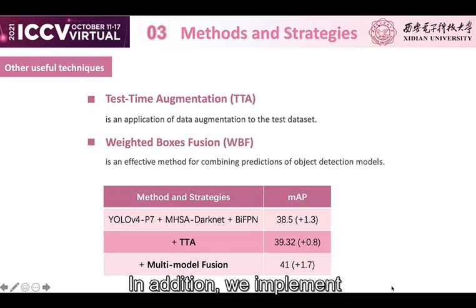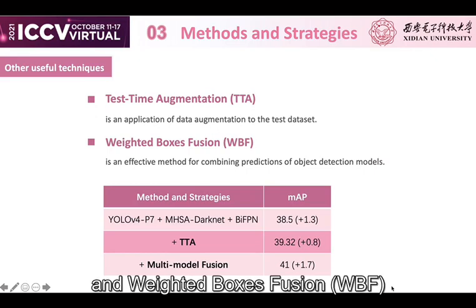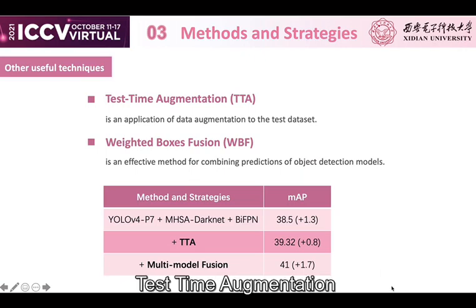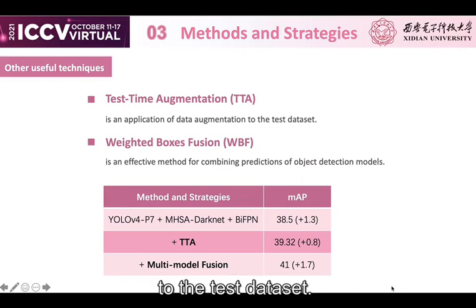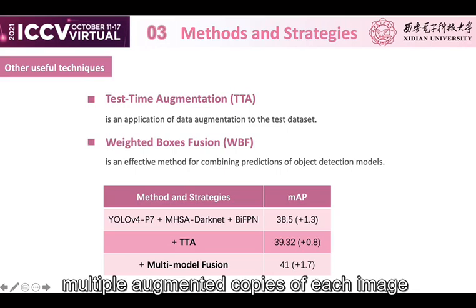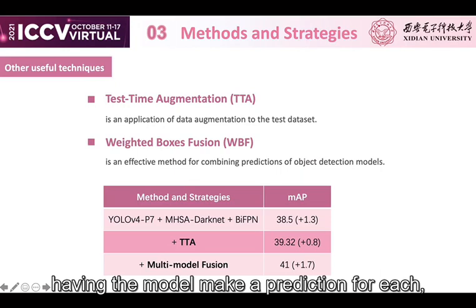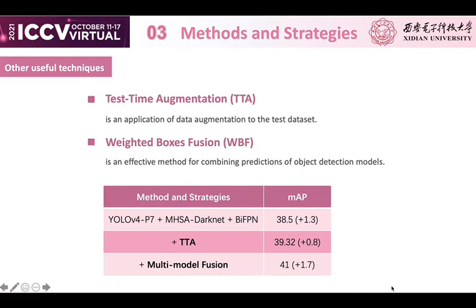In addition, we implement other effective strategies, including test time augmentation and weighted boxes fusion, to improve the detection performance. Test time augmentation is an application of data augmentation to the test dataset. Specifically, we create multiple augmented copies of each image in the test set, have the model make a prediction for each, then return an ensemble of those predictions.